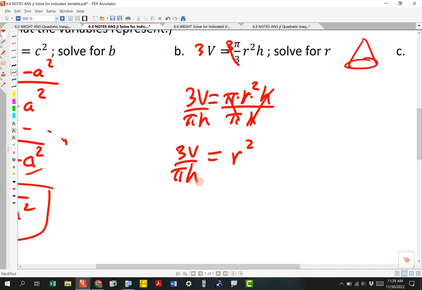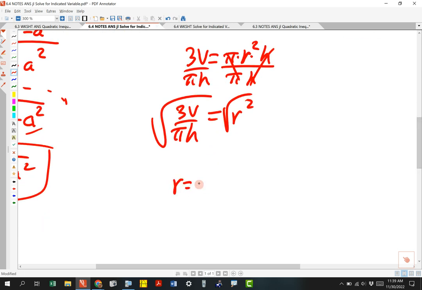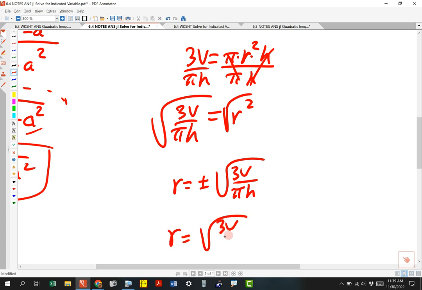And then I take the square root. Now, if we know this is the formula for the volume of a cone, do we need the plus or minus? No. Okay. So I'm going to write r equals, I'll write the plus or minus right here. If we get some numbers for this, that's what we'd plug into our calculator. But the thing I'm going to circle and say, hey, I think this is my answer, is this guy.